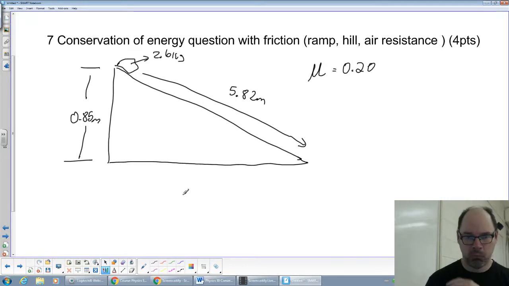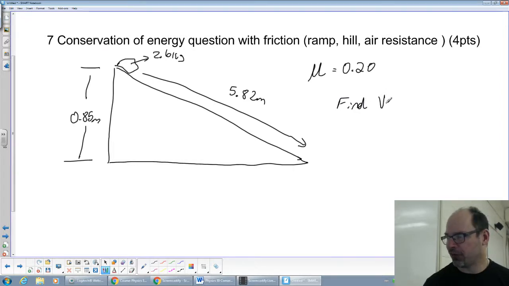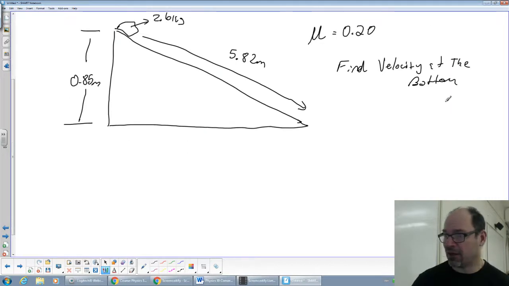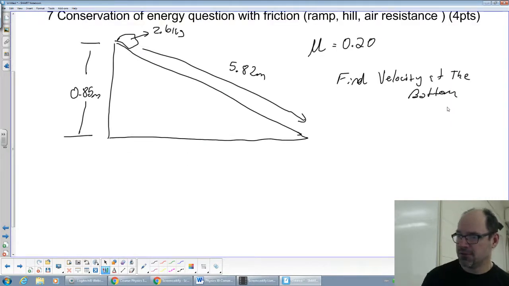Okay, and we want to find the velocity at the bottom. Okay, so you can pause and try that one if you want, and I'll be working it out here.